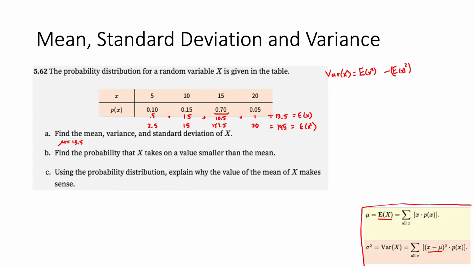Okay, so we can subtract the squared mean value from this E of x squared and get our variance. I find this to be fewer calculator presses. So we do 195 minus 13.5 squared, and that's going to get us 12.75. Okay, so this is our variance.